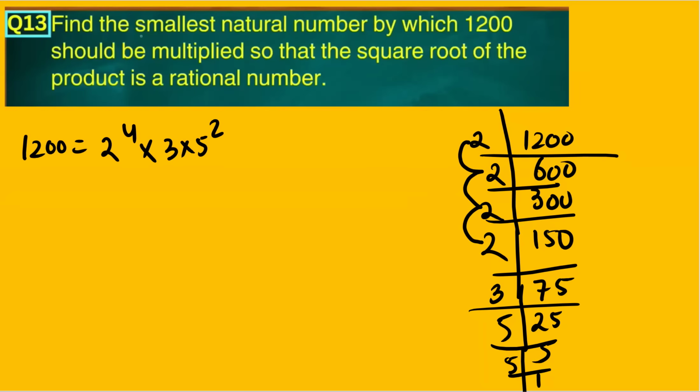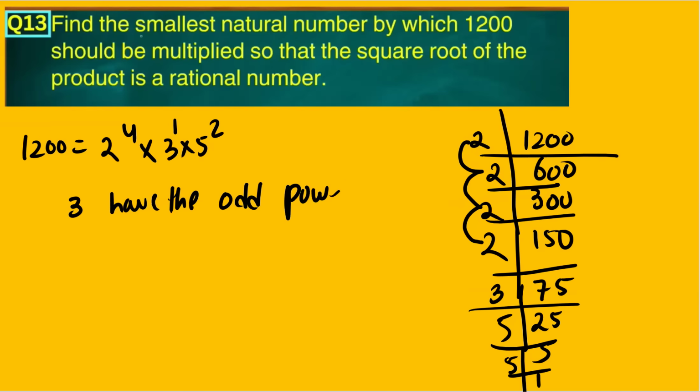Now we have to find the unpaired factor, the factor which has an odd power. So 3 has the odd power.